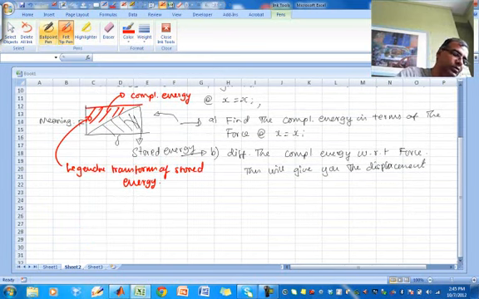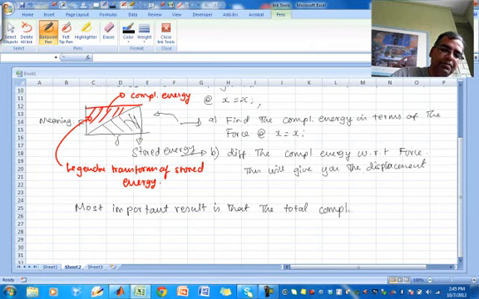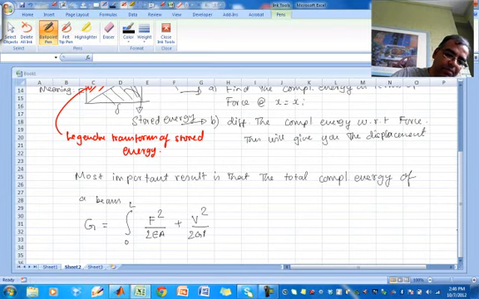So we are now going to look at a new problem. Our basic, most important result is that the total complementary energy of a beam, the symbol I am using is G, equals the integral from 0 to the length of the beam of F squared over 2EA plus V squared over 2GA plus M squared over 2EI plus T squared over 2GJ.